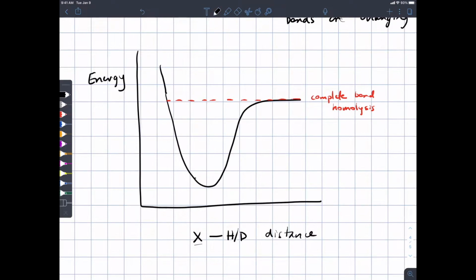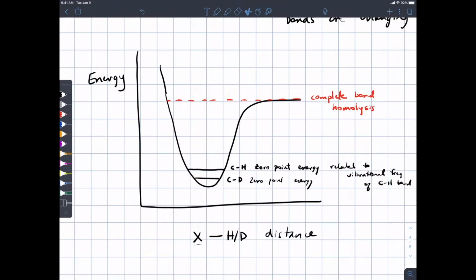And so the kinetic isotope effect comes from the fact that the carbon-hydrogen zero point energy, which is related to the vibrational frequency of the carbon-hydrogen bond, is higher. That zero point energy is higher than the carbon-deuterium zero point energy.